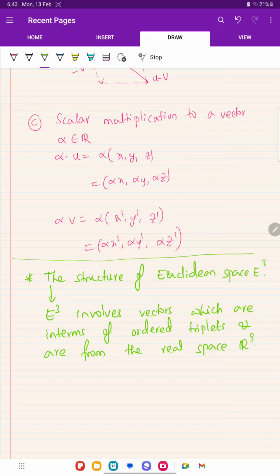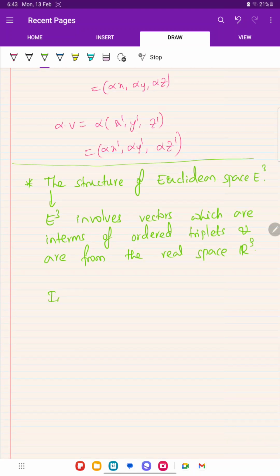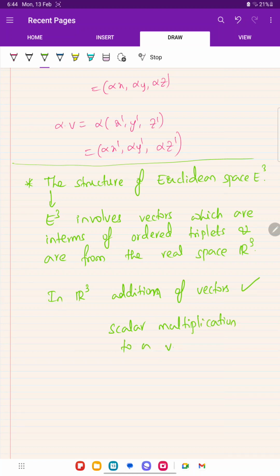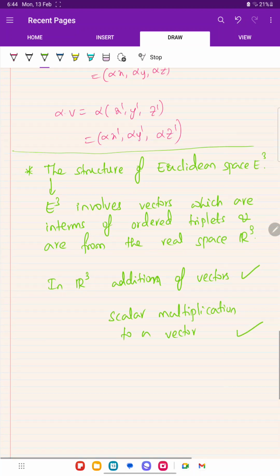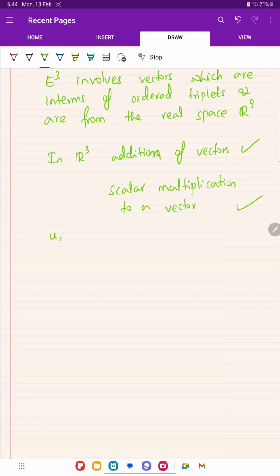and in R3 addition of vectors holds good, and scalar multiplication to a vector also holds good. That means if u and v are two vectors, then u plus v is also a vector in R3.